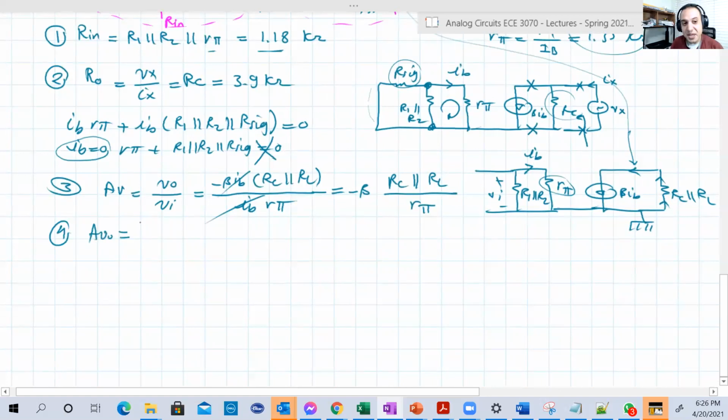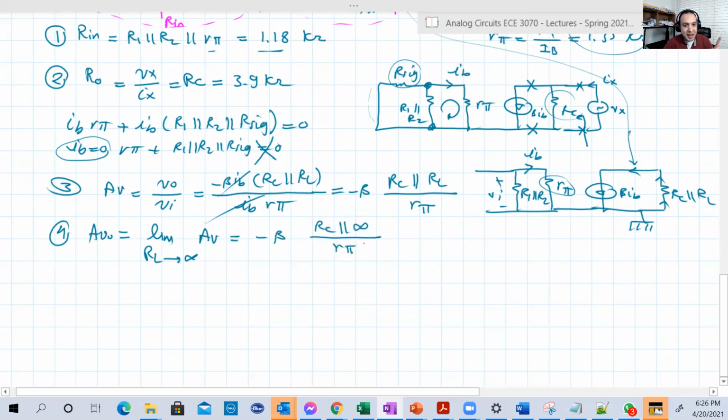Now let's get AV naught. AV naught can be represented as the limit when RL tends to infinity of AV. That's really nice because just remove RL and put infinity. So minus beta RC parallel with infinity over R pi.